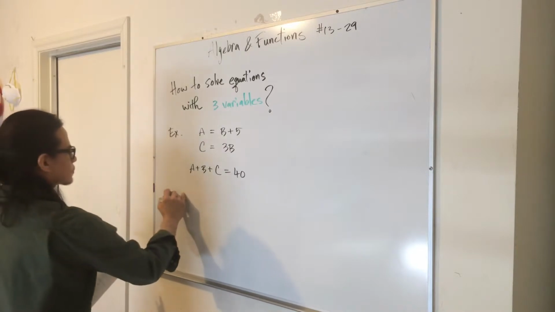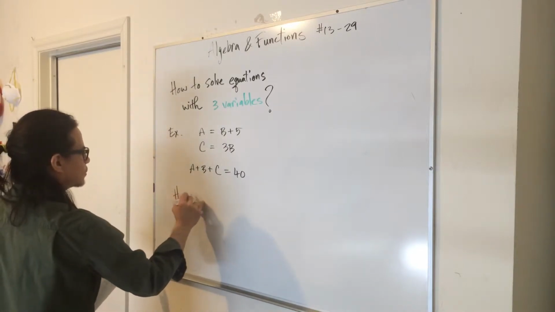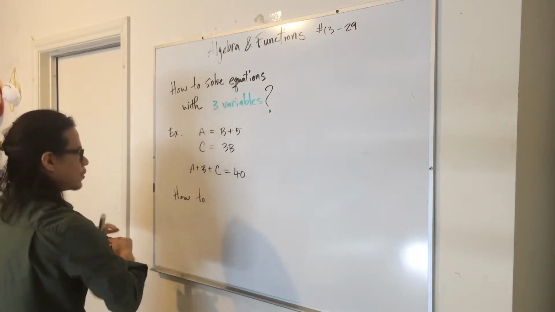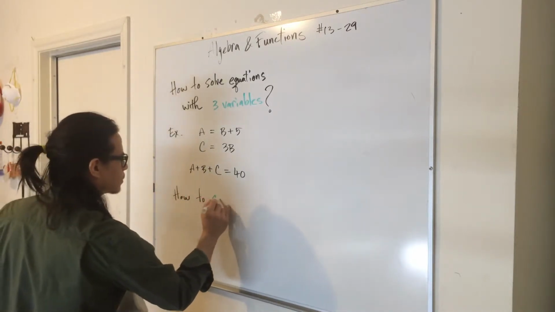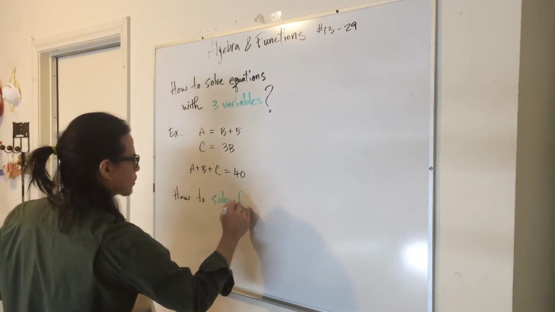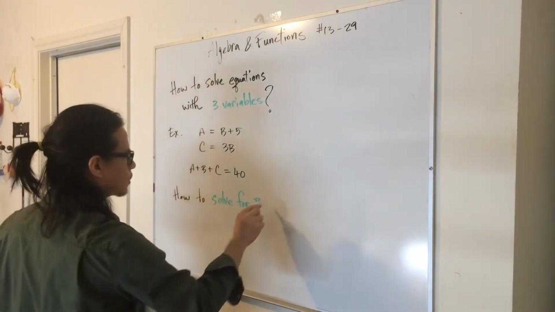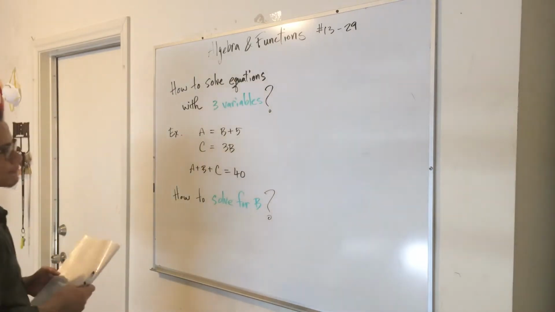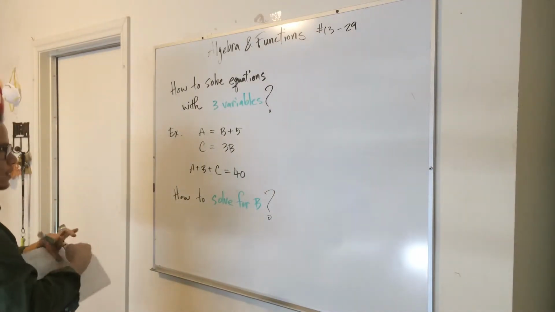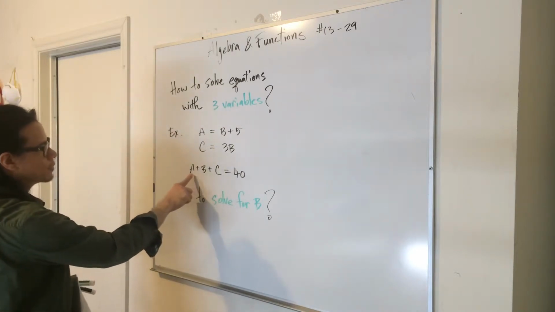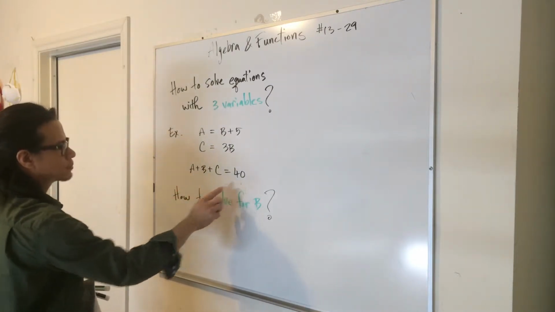Okay, so let's say our goal is to solve for b. Okay, so how to solve for b? So here we have the variables a, b, and c.